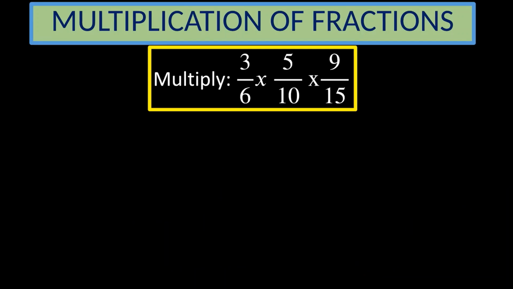Let's have the last example on multiplication of fractions. This time, let's have 3 fractions: 3 over 6 times 5 over 10 times 9 over 15. Okay, so let's have the first solution here. We call this one solution number 1.